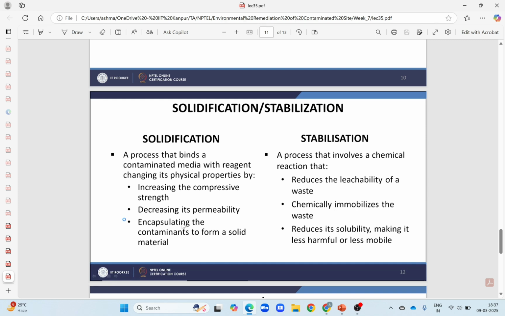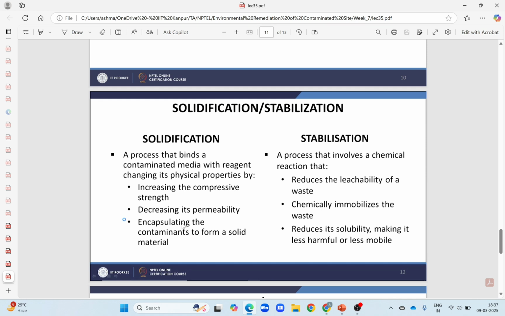So the groundwater and the surface water will not be polluted, because if the water flows, the leachability of the pollutants has been reduced. So the pollutants will not come into the aqueous phase, and like that, the site can be stabilized for preventing the spread of the pollutant from that soil to the surrounding environment.